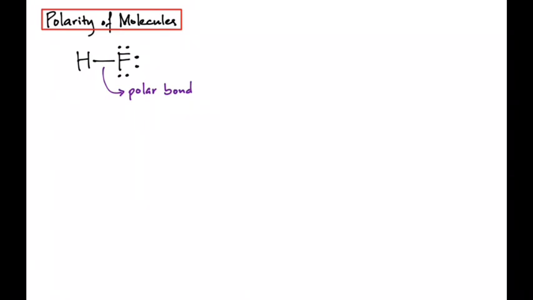And here's another example. So we have the Lewis dot structure for carbon dioxide gas. We have carbon versus oxygen. Oxygen is more electronegative than carbon, and so because of the difference in their electronegativities, this double bond between carbon and oxygen is polar.